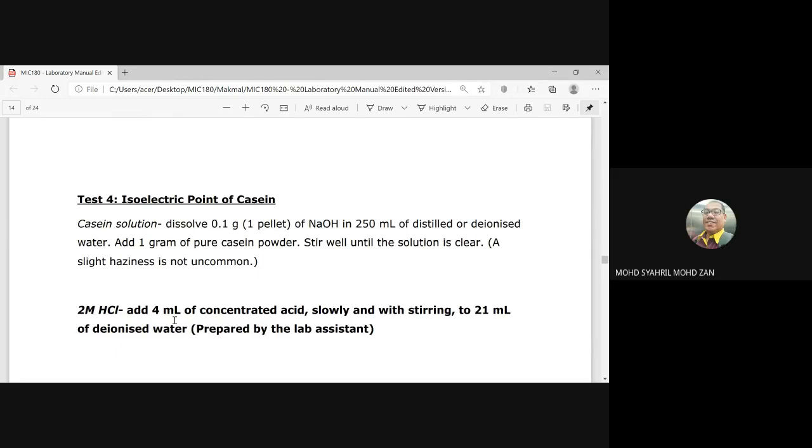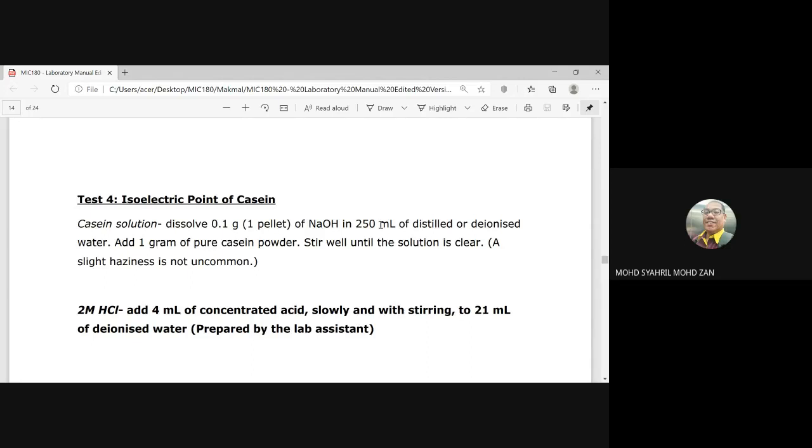Okay. So first of all, test number 4 is the isoelectric point of casein. So we need to prepare casein solutions. Okay, number 1, we dissolve 0.1 gram, or 1 pellet, of sodium hydroxide in 250 ml of distilled or deionized water.